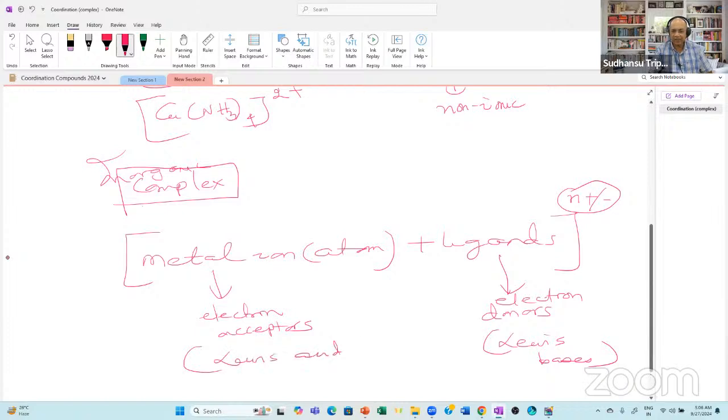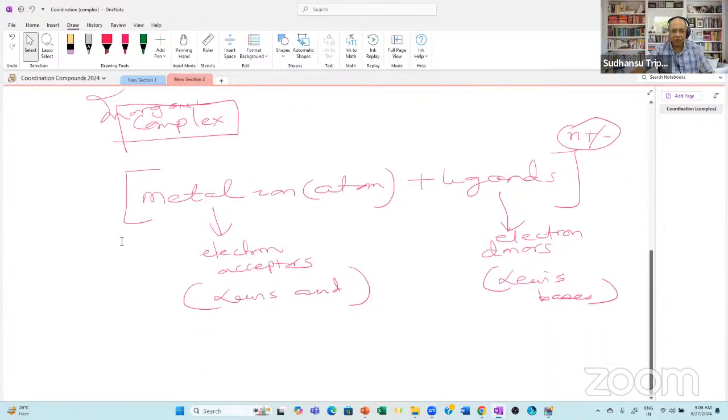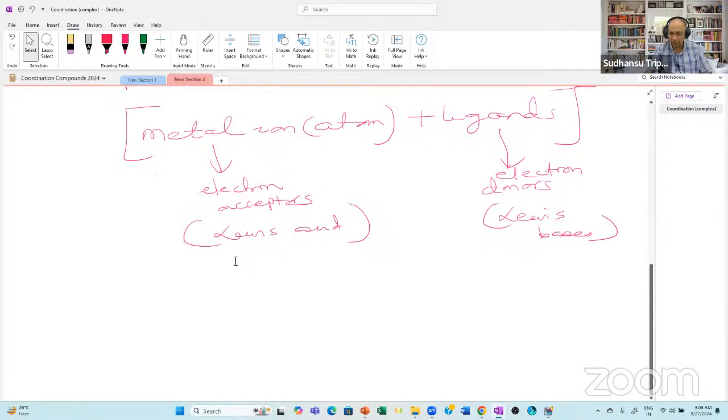You must have studied this while the Lewis concept of acid and base was discussed. For example, BF3 reacts with ammonia. Ammonia is a Lewis base and BF3 has a vacant p orbital, is a Lewis acid, and there is a donation of a lone pair, giving a dative bond.